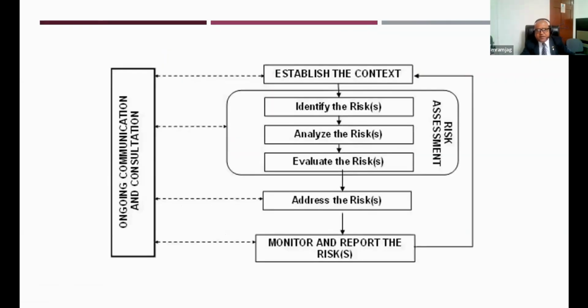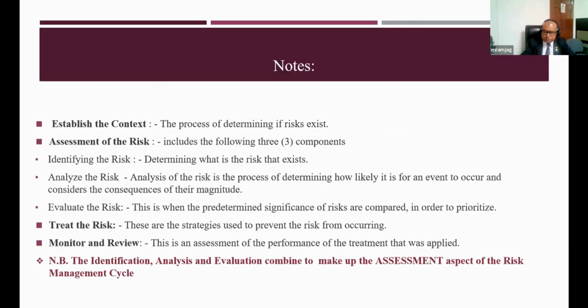This is basically a diagram to show you: establish the context, risk assessed, monitor, and review those risks. Identify the risk, analyze the risk, evaluate the risk, address the risk, monitor and report the risk. It's basically a diagram to put clarification on the context.